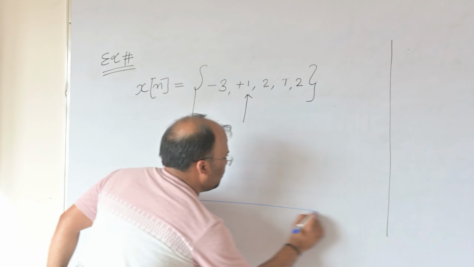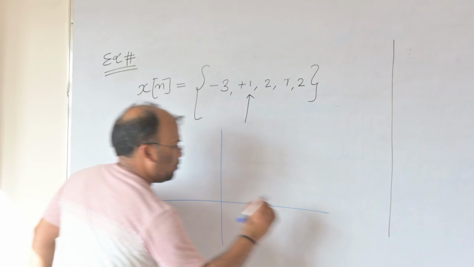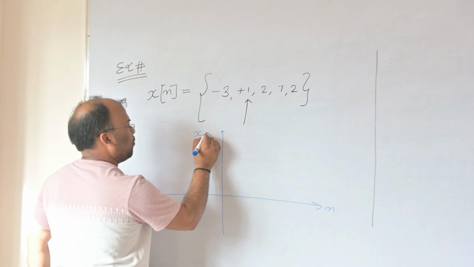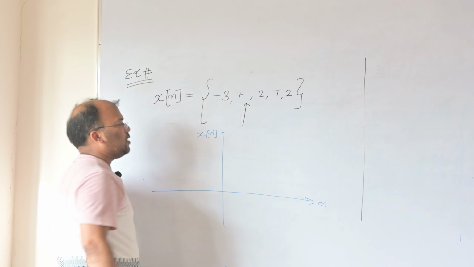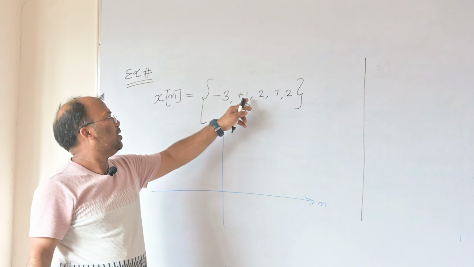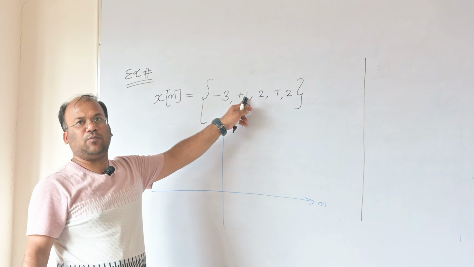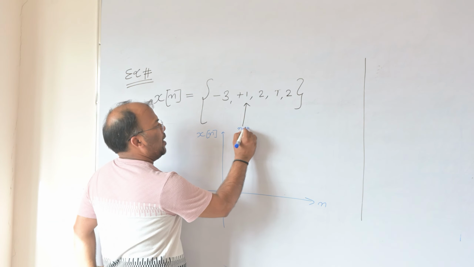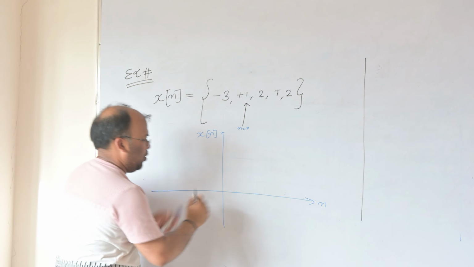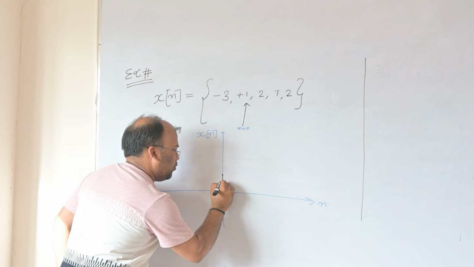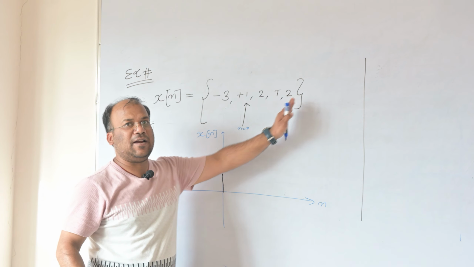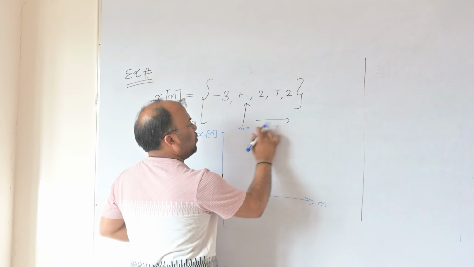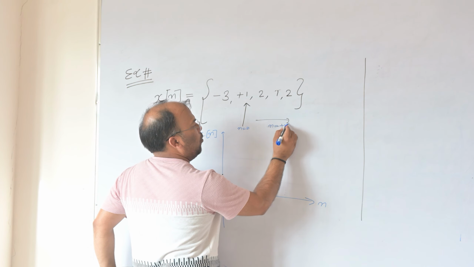To sketch it, as we know, this arrow shows the magnitude at the origin point. So at n equal to 0, the magnitude is 1. For the right hand side, n is a positive integer.